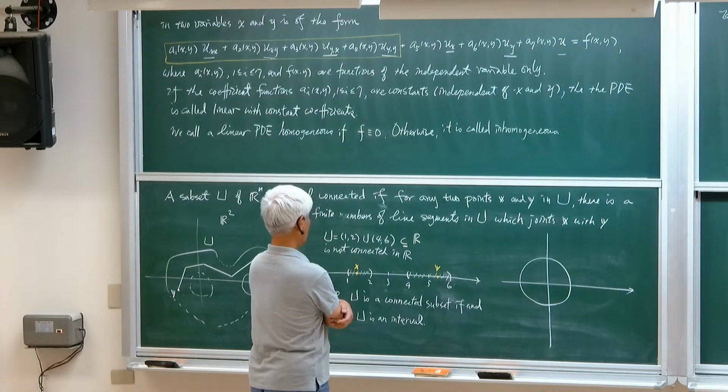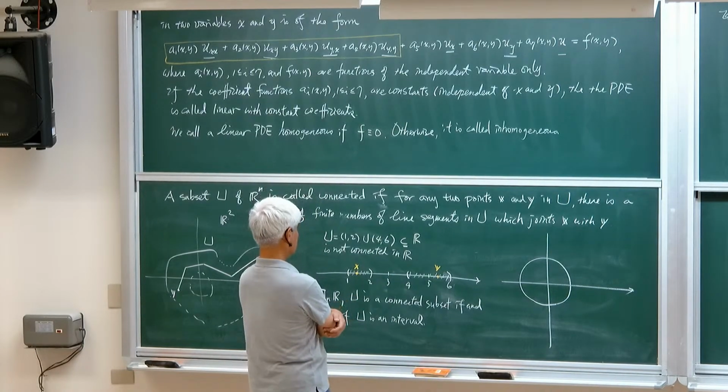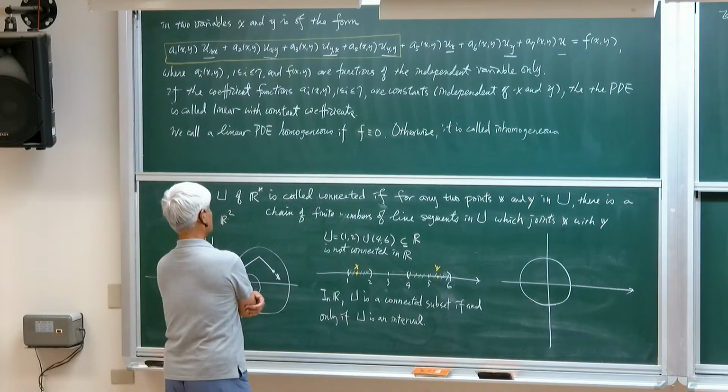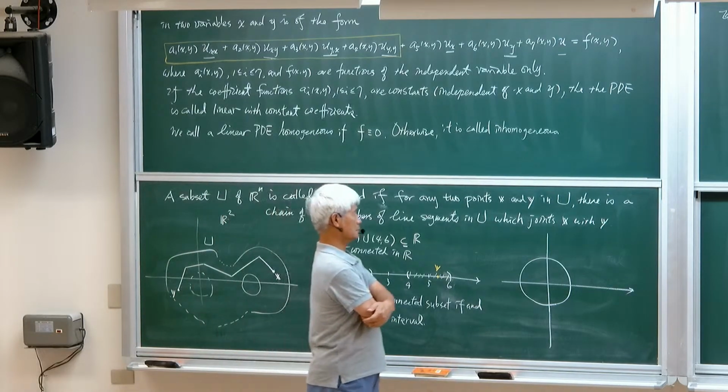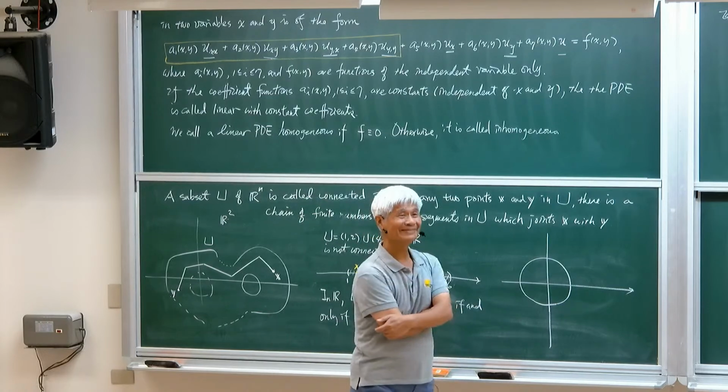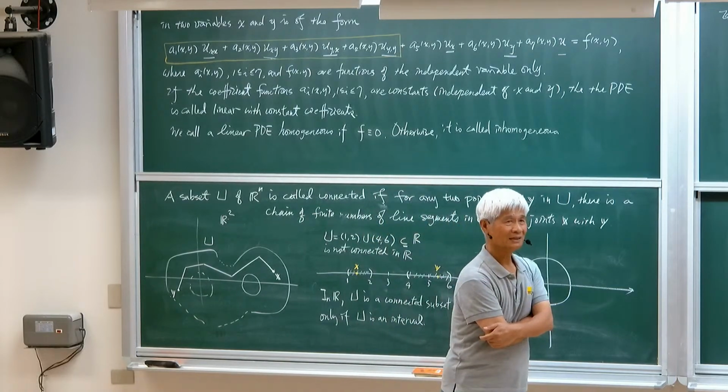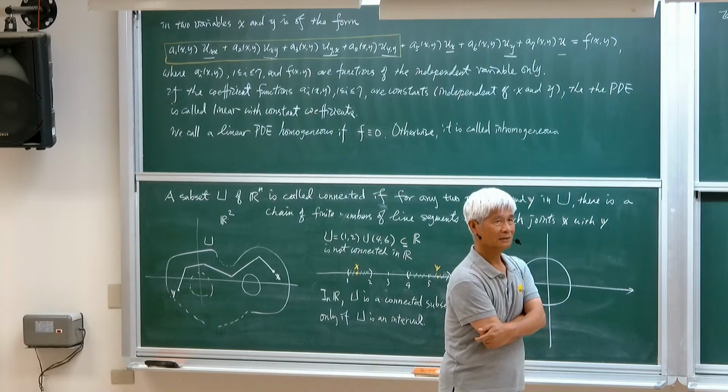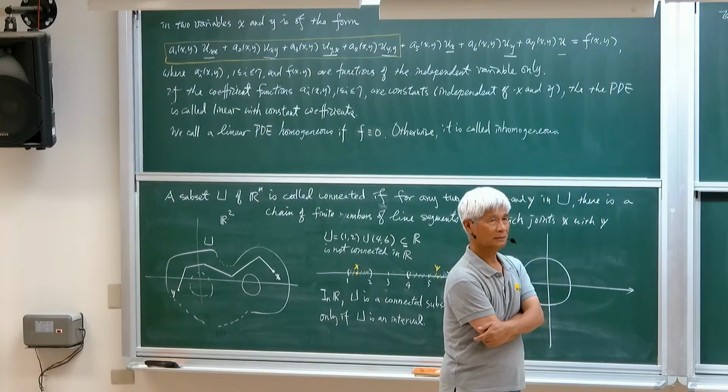By the general definition, the circle is connected. By the general definition, a connected set is one that is not disconnected.